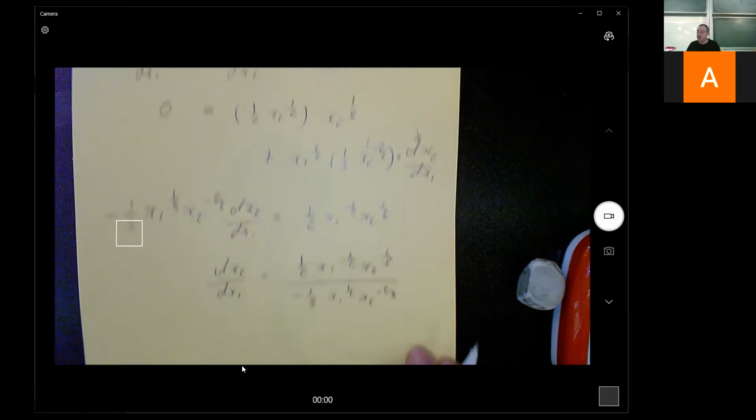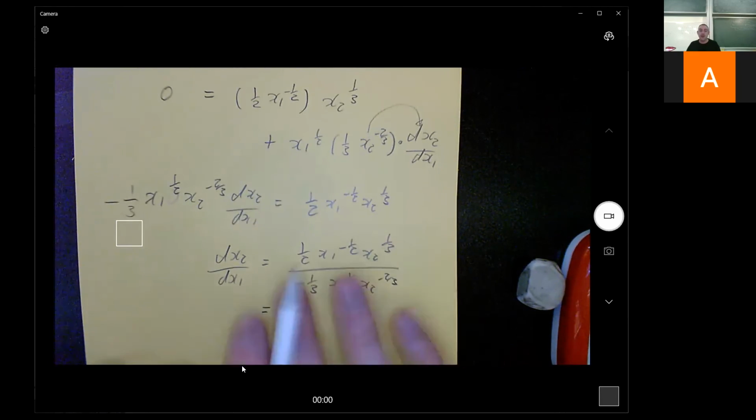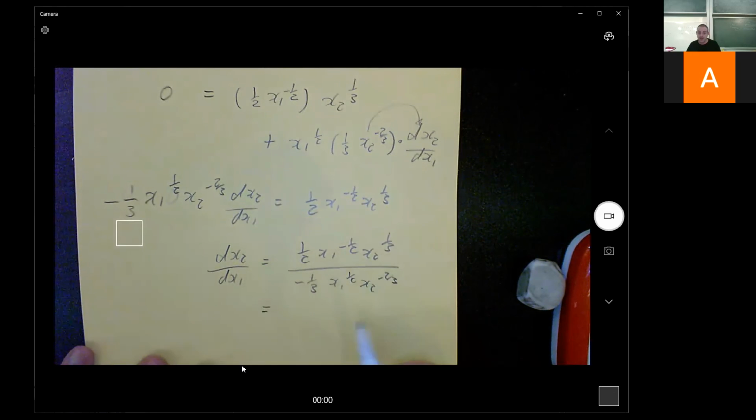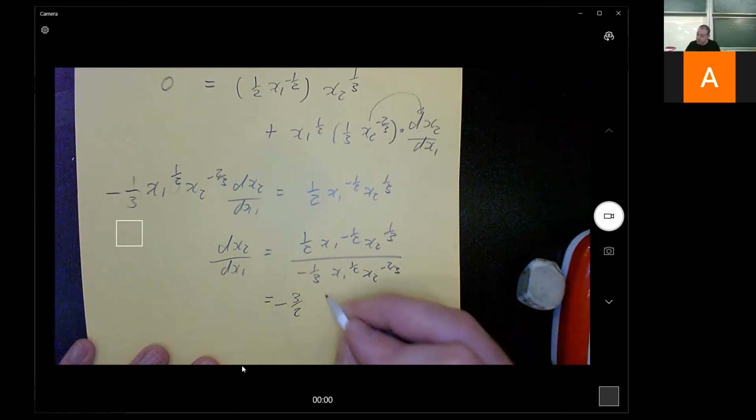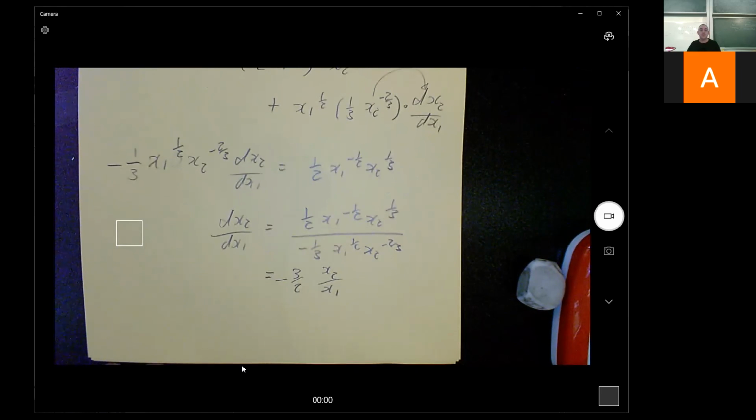And so what this does is it gives me a formula. We already did the calculation for this, so I'm going to skip that bit if that's okay. That gave me 3/2 like that. And so now if I'm at a specific point, if I know both what x1 and x2 are at that point, I can sub them in to get the answer.